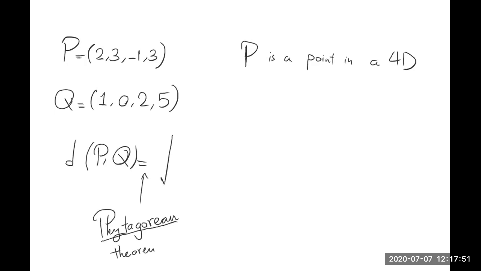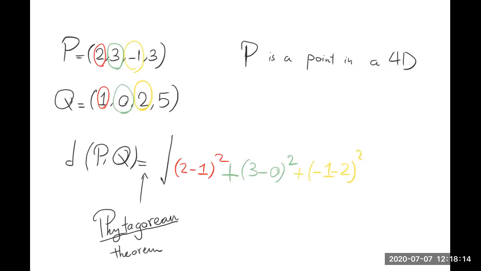Using the same way, we can compute the distance between P and Q. We can look at the first coordinates, subtract them and square. We can look at the second coordinates, subtract them and square. We can look at the third coordinates, subtract them and square.